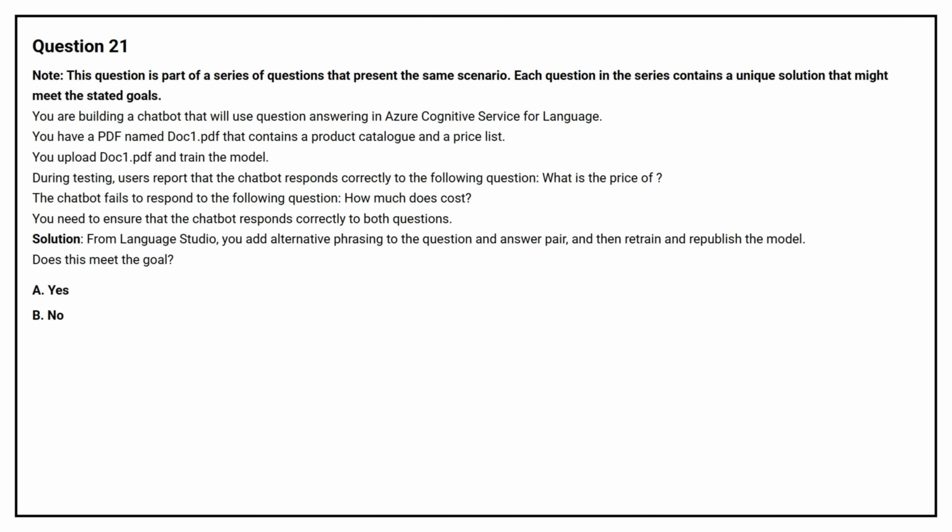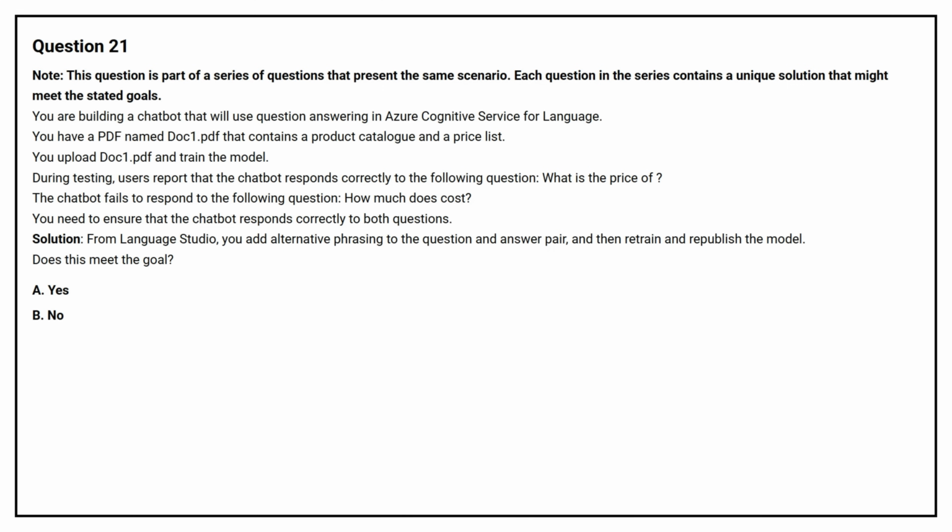You upload doc1.pdf and train the model. During testing, users reported that the chatbot responded correctly to the following question: what is the price of? The chatbot fails to respond to the following question: how much does it cost?